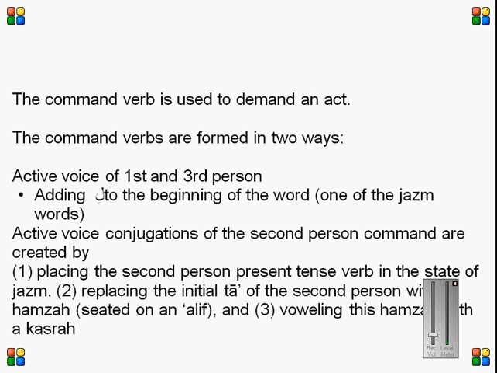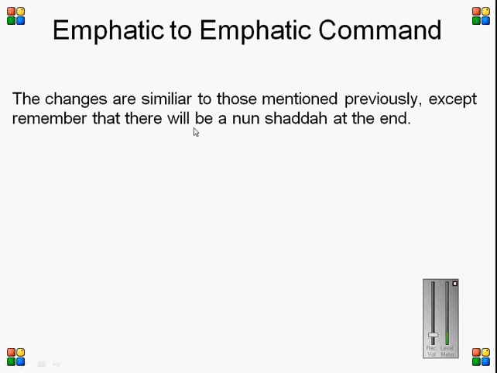Just remember the noon at the end is going to have a shadda, because it's emphatic. And the second person changes are similar. You follow the same steps, inshallah. The only difference is you'll see that the noon at the end has a shadda. And that's what I mentioned here.